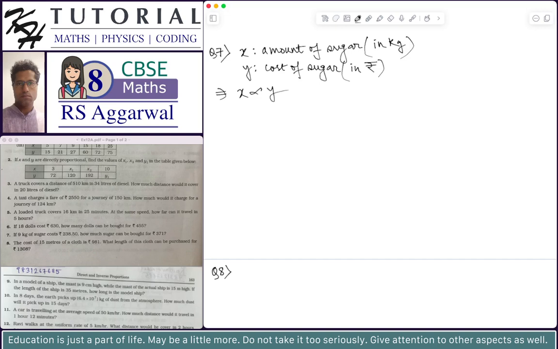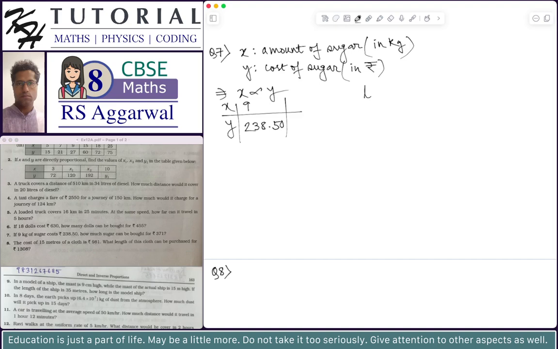So now let's quickly create the table. We have x and y. It is given that 9 kg of sugar costs rupees 238.50. So 9 for the value of x and 238.50 for the corresponding value of y. Okay. Now it is asking how much sugar can be bought for rupees 371.